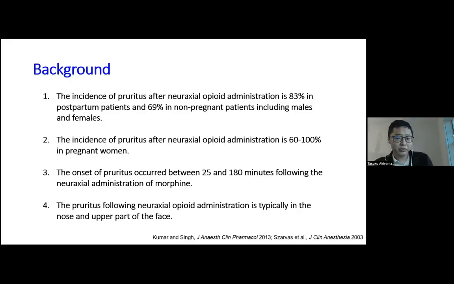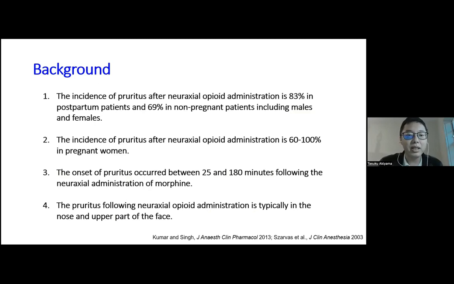Here I want to explain why OPRM1, like MOR, is a very interesting target for us. As many of you know, the MOR agonist is a super analgesic drug like morphine.